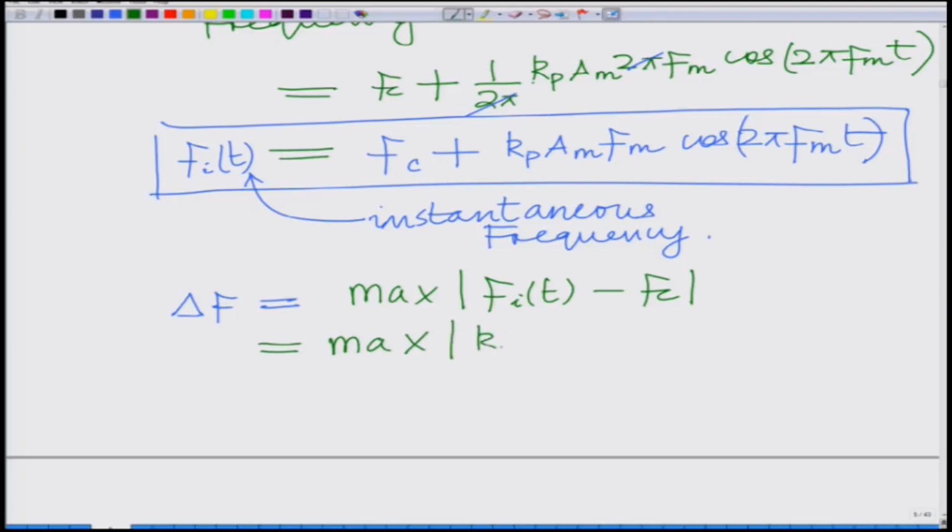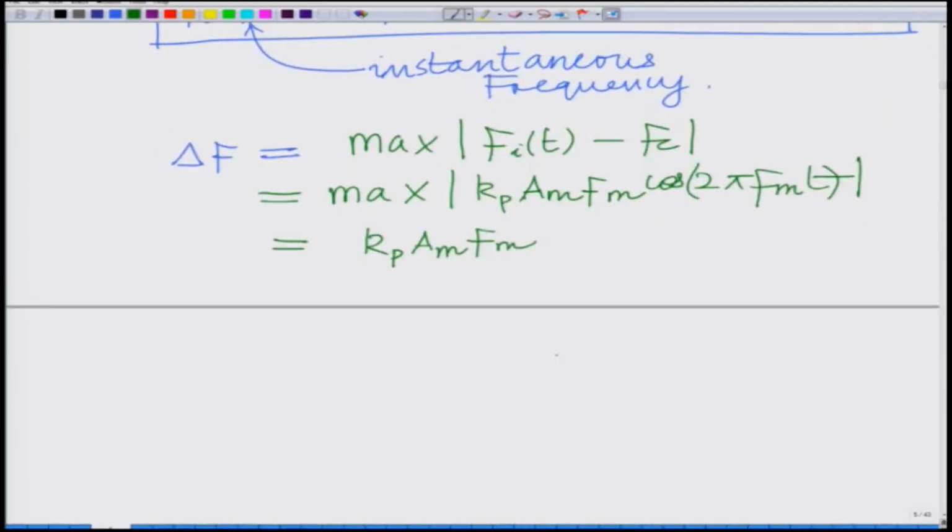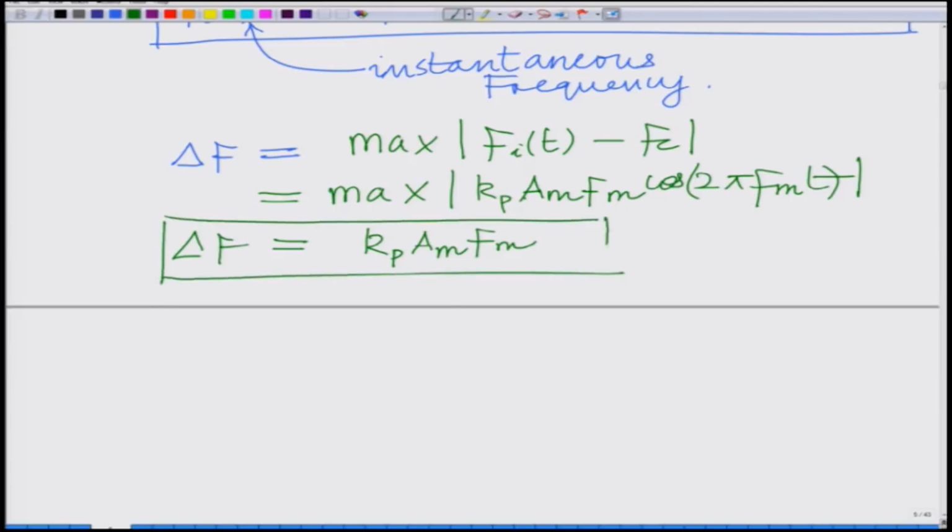As you can see from above, f_i(t) minus f_c is k_p A_m f_m cosine 2 pi f_m t, and therefore the maximum magnitude of this is basically k_p A_m times f_m. So we have delta f, that is the frequency deviation. Remember what is delta f? Delta f is the maximum frequency deviation.